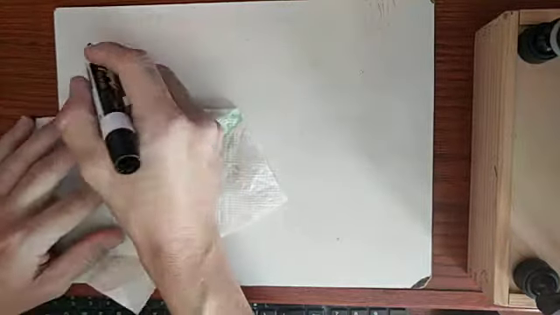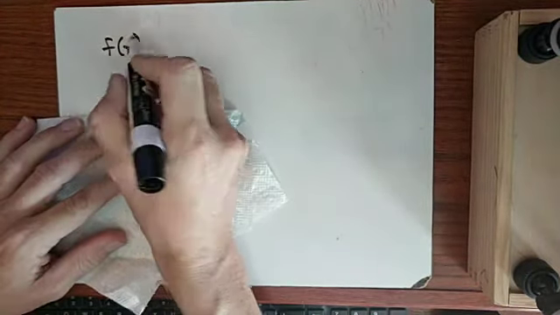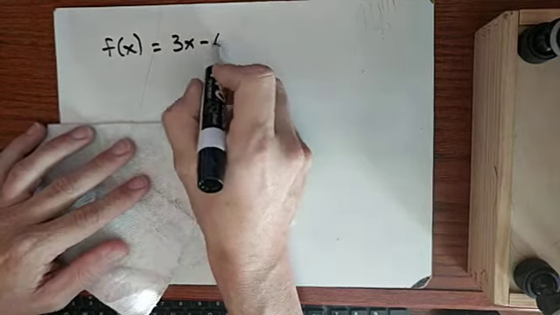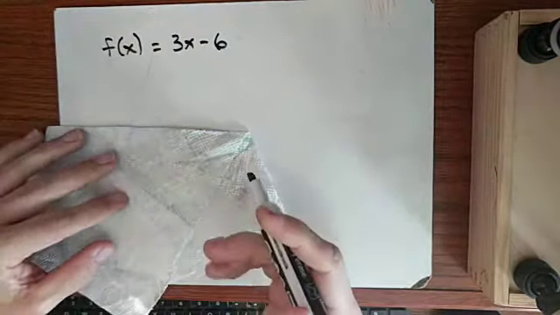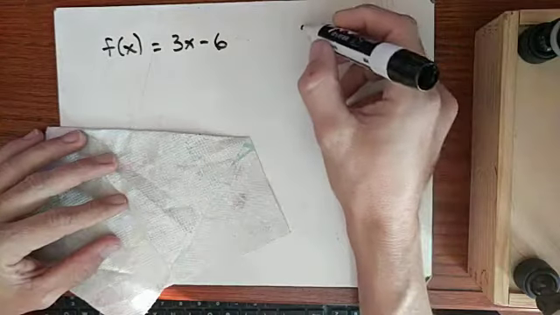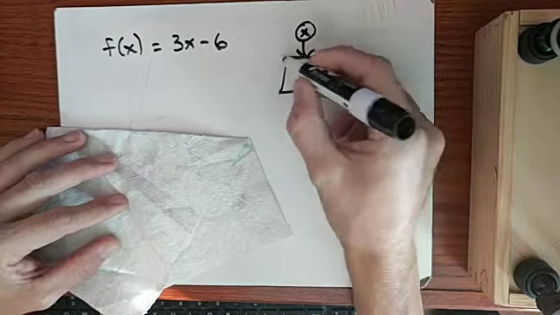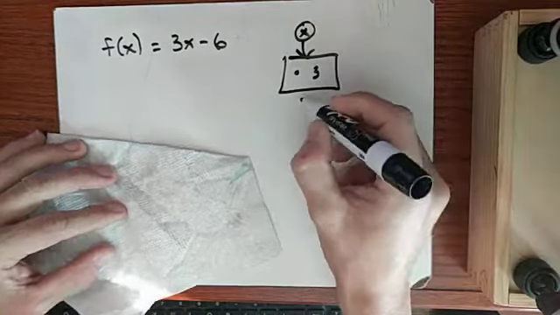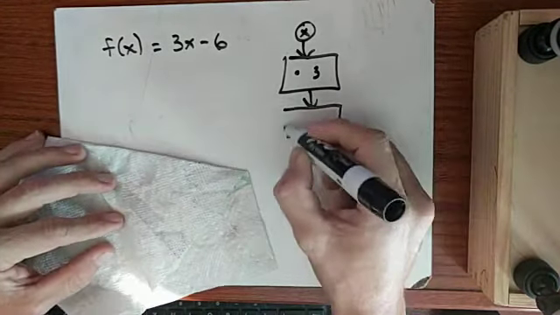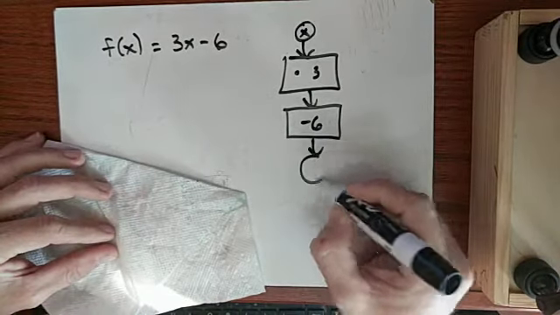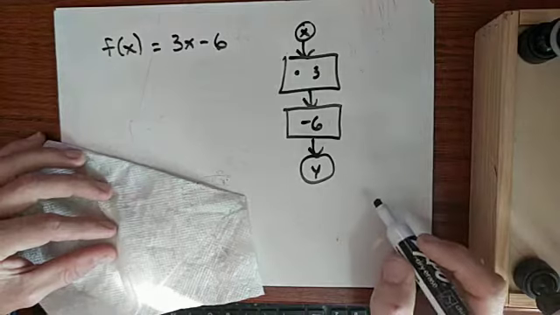Okay, so let's look at an example. Let's say that we have a function that takes the input variable and multiplies it by 3 and then subtracts 6 from that. Okay, so there's two things that are done, right? You take x, you multiply it by 3, and then you subtract 6, and then you get your range variable, your y variable, right?